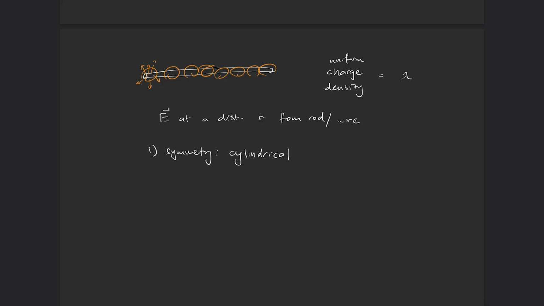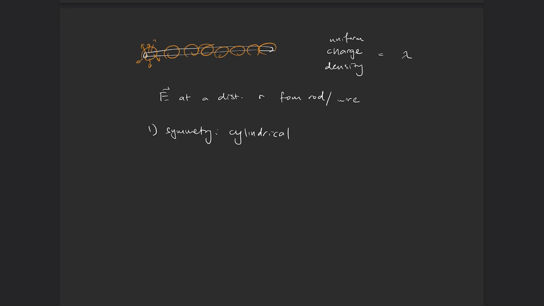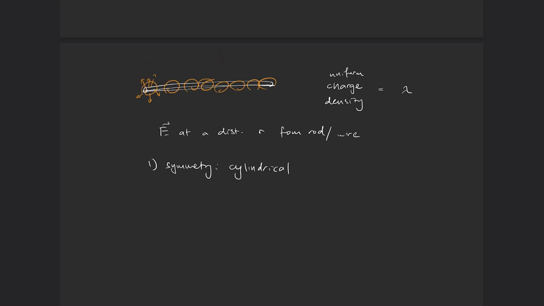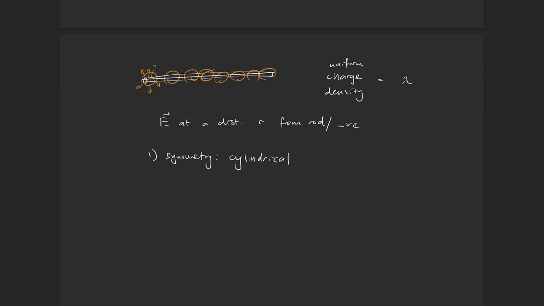Then we notice that the charge density is uniformly distributed throughout the length, so the field E must be pointing radially away from the symmetry axis of the rod, which is the center. Or if we have negligible radius, this is really just the rod. It's the same idea, but we can draw a better picture. If this is the cross section, then the field looks something like this.